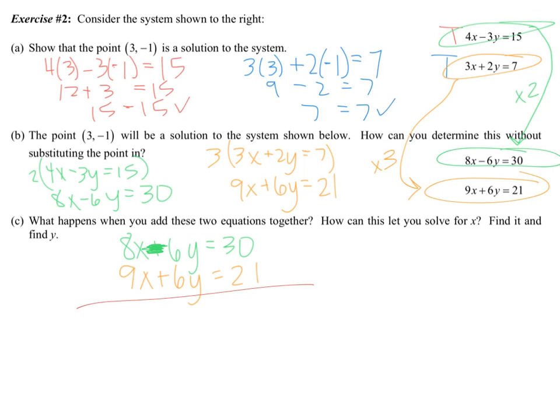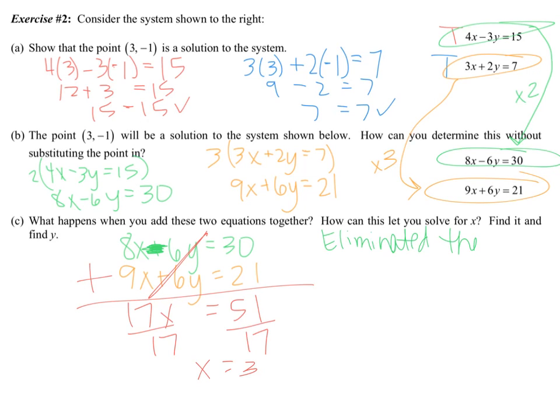So now if we combine these, I have 17x, and I have negative 6y and positive 6y, so they cancel each other out, equals 51. We divide both sides by 17, and x equals 3. So what we did is we eliminated the y.